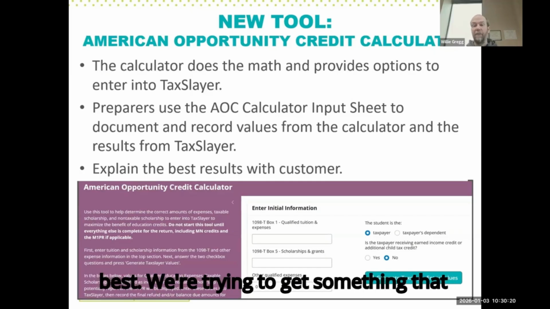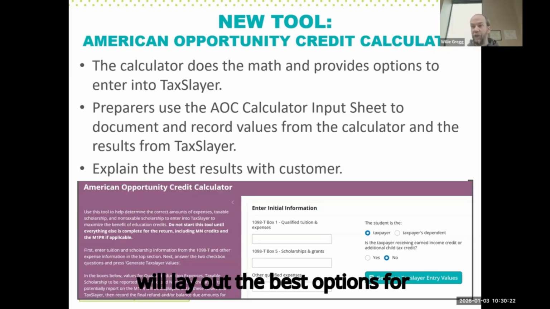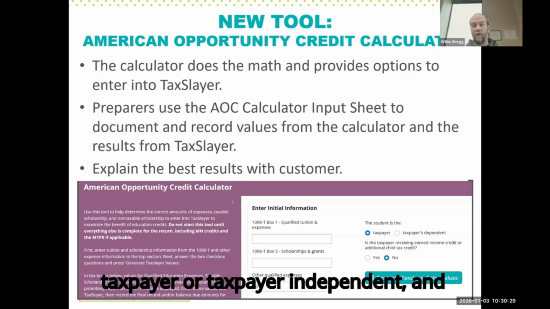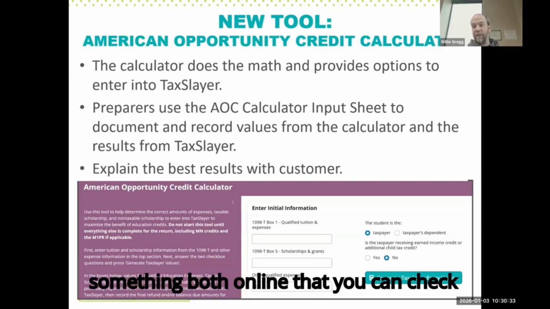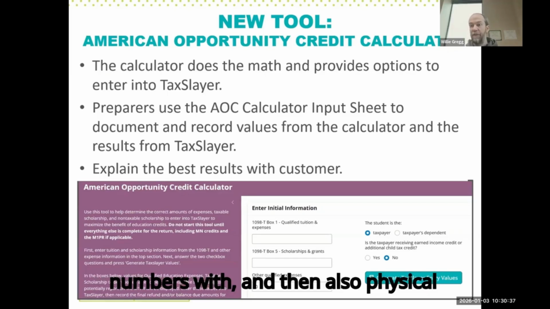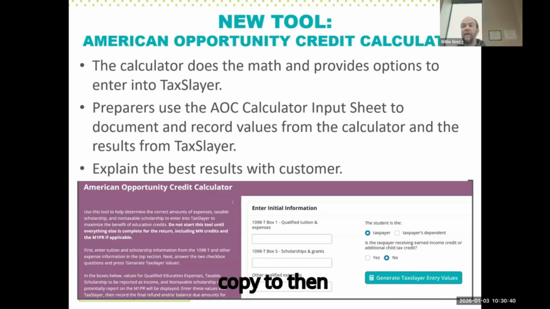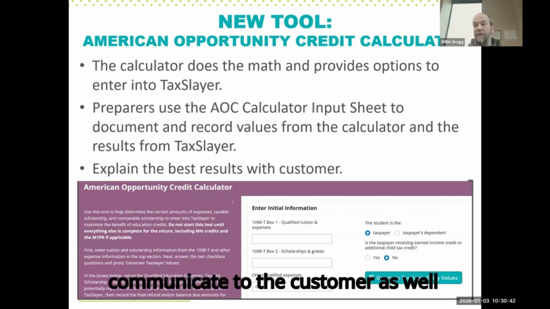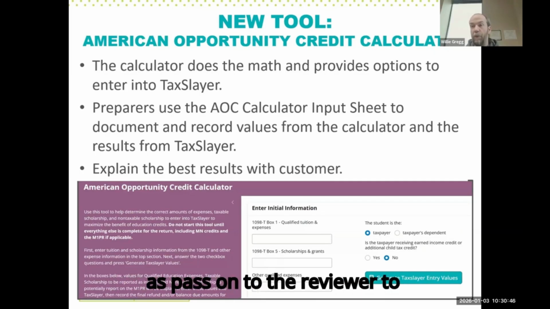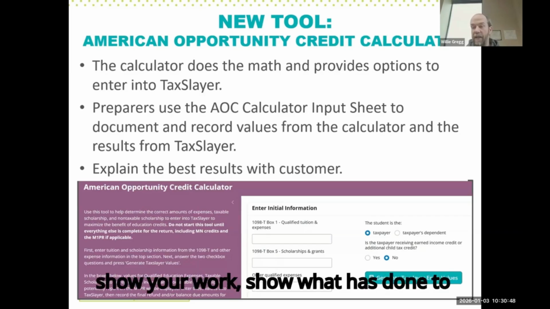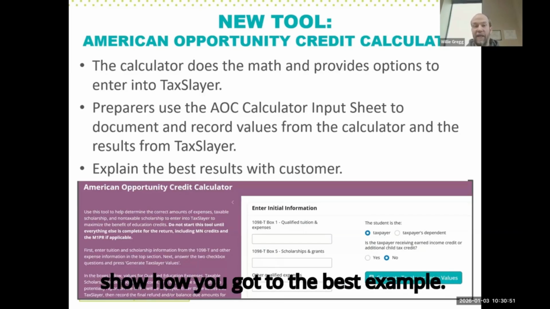We're trying to lay out the best options for you to enter into TaxSlayer, find out what the best result is for the taxpayer or taxpayer's dependent, and then move forward with that. Having something online that you can check numbers with, and also a physical copy, lets you communicate to the customer as well as pass on to the reviewer to show your work and show how you got to the best example.